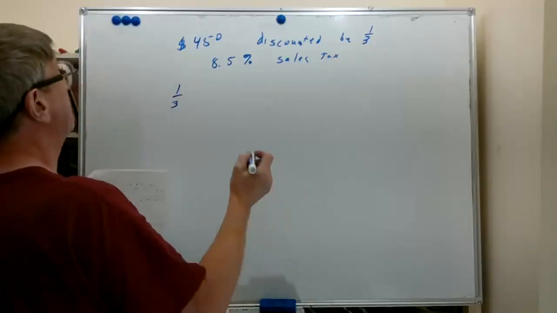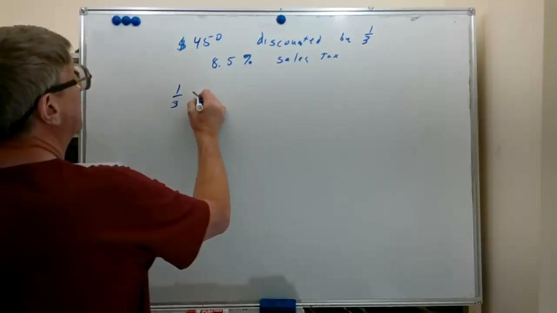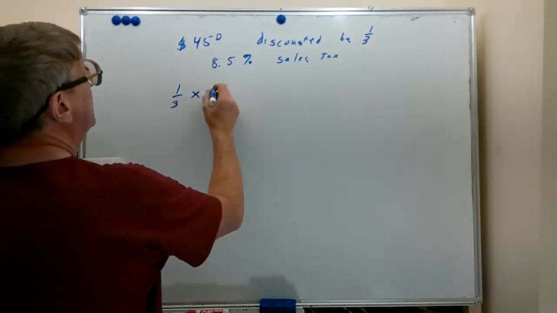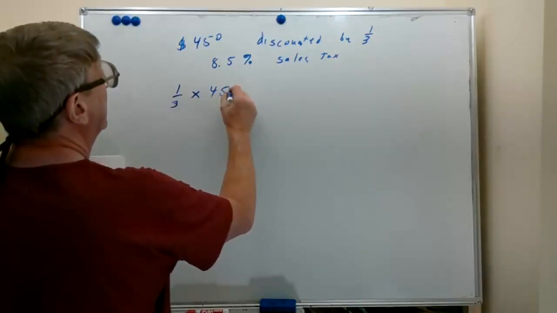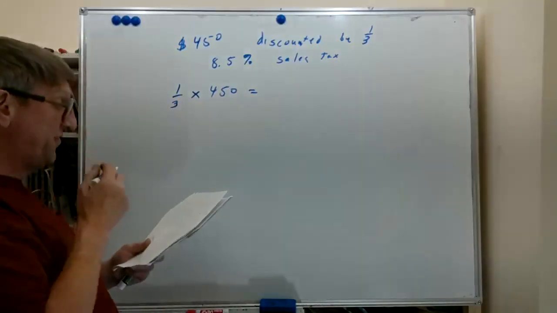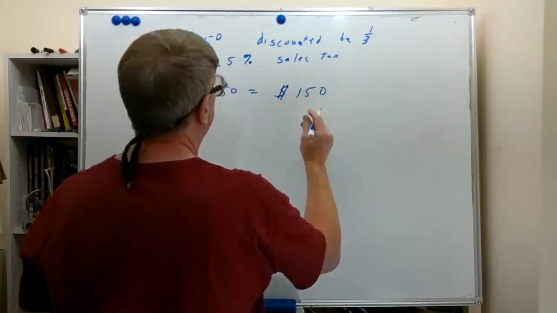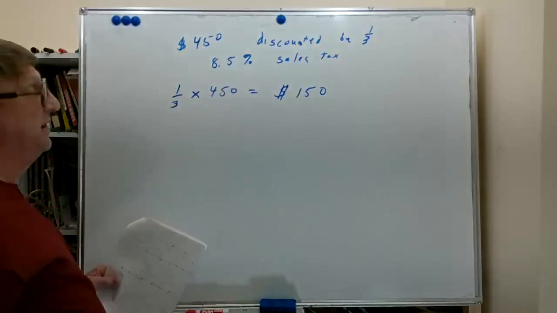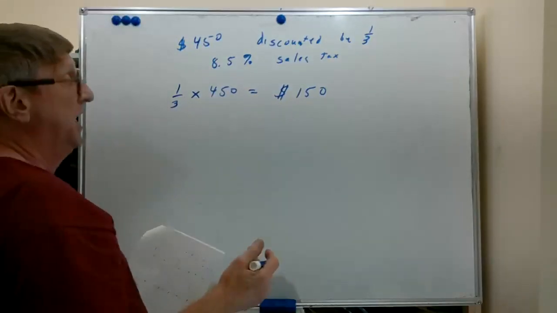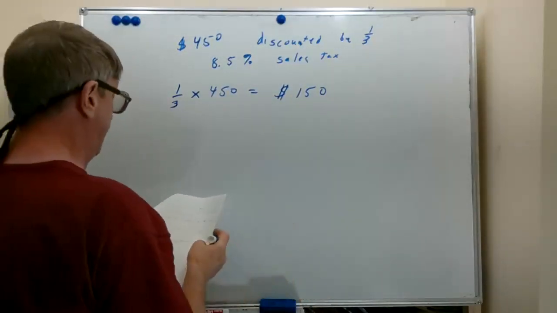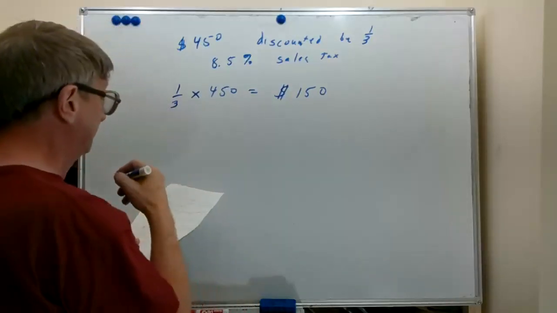It's actually like a 33 1/3%, but we're going to multiply that times the original price of $450. Well, 1/3 times 450 gives us $150. The discount is $150. A third of 450 is $150. We're going to get $150 off on this mountain bike that originally started at $450.